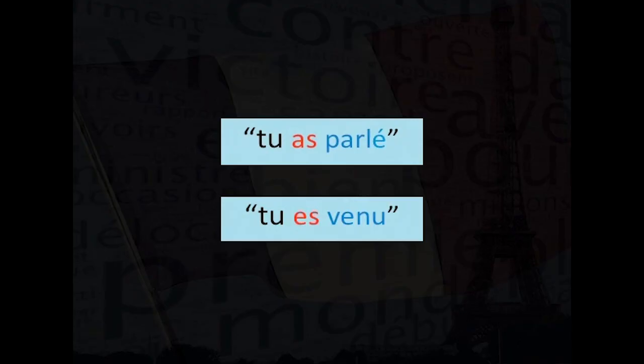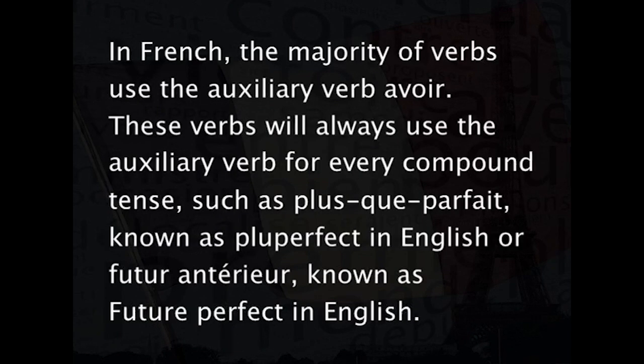As you can see from these two examples, the compound past is composed of two verbs. The first verb is the auxiliary verb, or the helping verb, and the second verb is the main verb that is conjugated. In French, the majority of verbs use the auxiliary verb avoir.